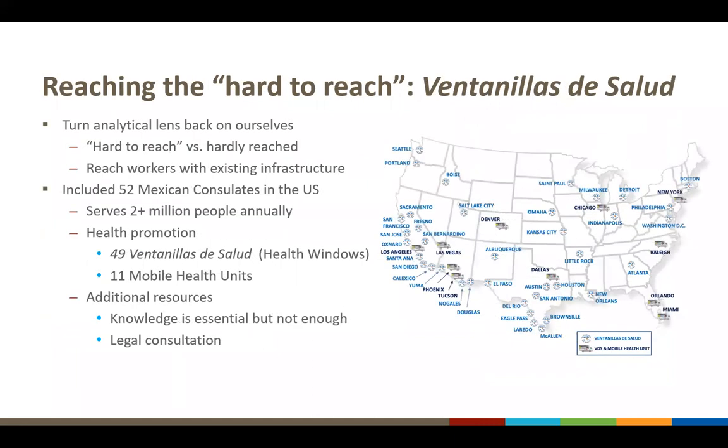And so an example of this is a recent study we did on reaching the hard to reach. It was a collaboration with the Mexican Council, its Ventanillas de Salud program. And in order to address these issues of the inequity hypothesis that I just spoke about, an essential component of a switch to a biosocial or biopsychosocial model of health is the need to turn the analytical lens back on ourselves and question.